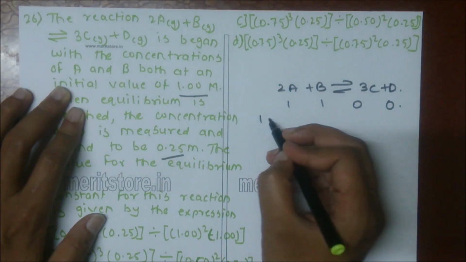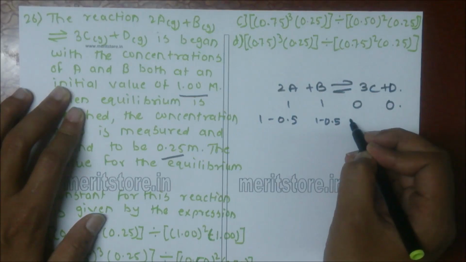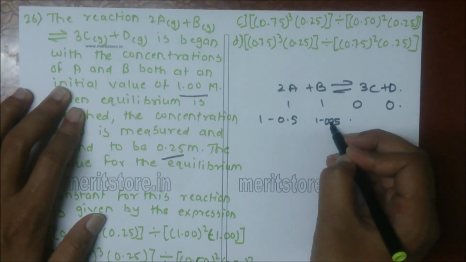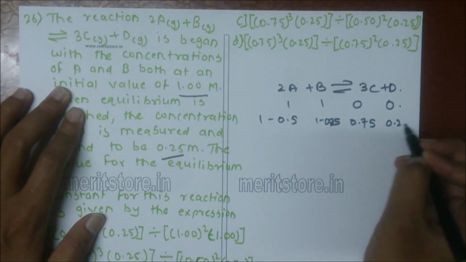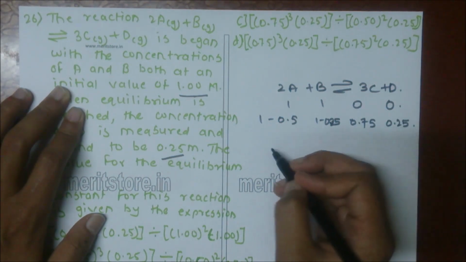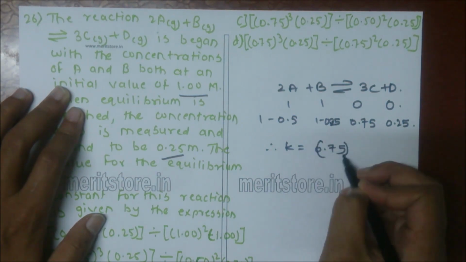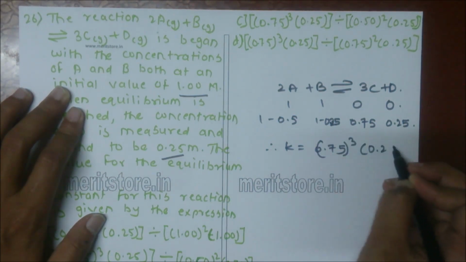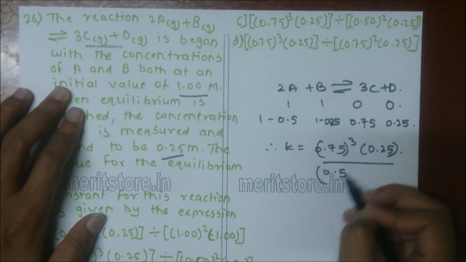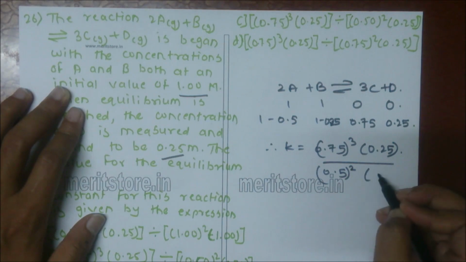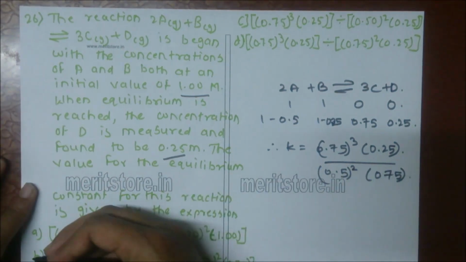At equilibrium we get 1 minus 0.5, 1 minus 0.25, and here we get 0.75 and 0.25. Therefore, K is equal to 0.75 cube into 0.25 divided by 0.5 square into 0.75. So option B is the correct answer.